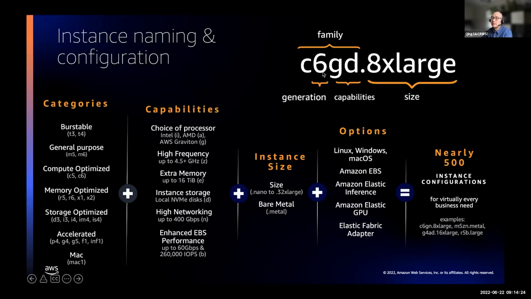So the bigger the number, the more recent the generation is. And if the instance has additional capabilities, such as additional storage or using the latest Graviton2 processor from Amazon, they would have additional letters after the generation.